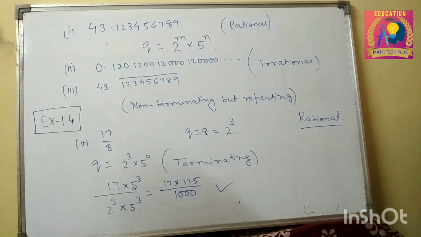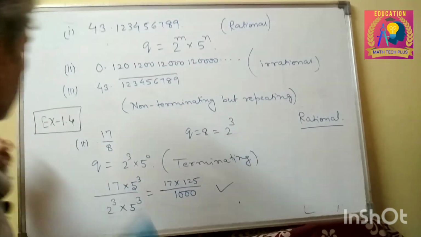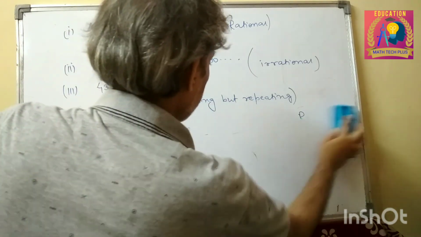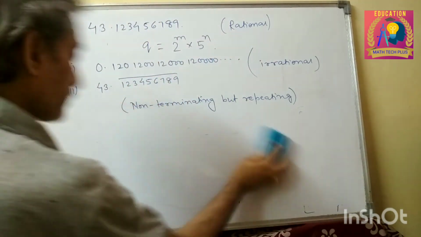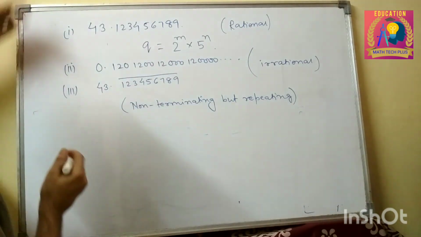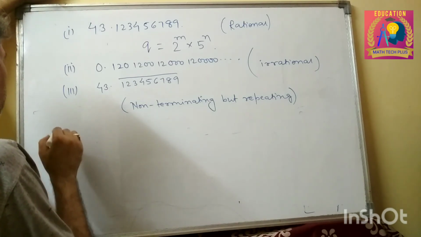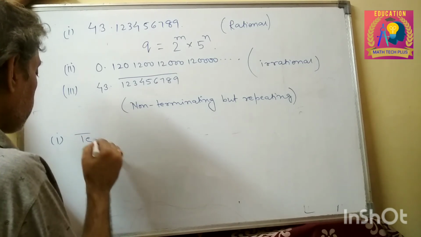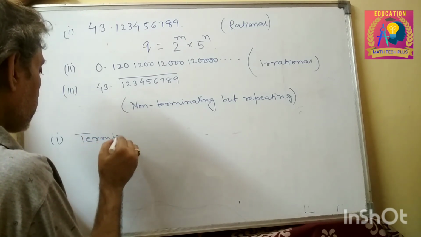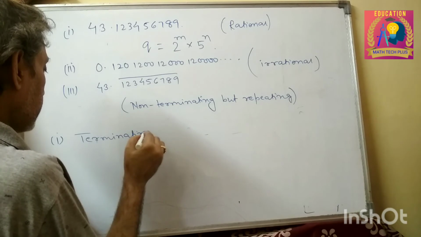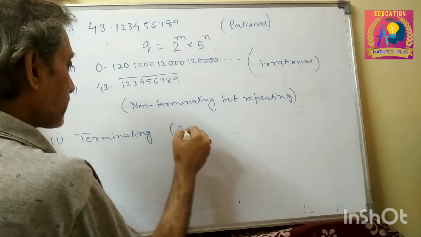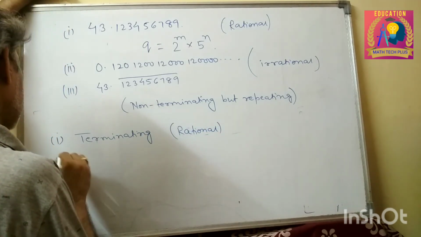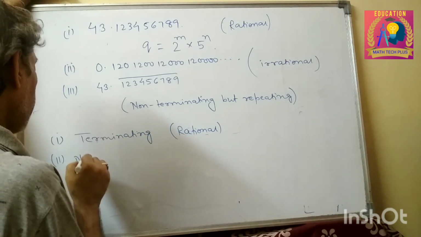So, finally, I am going to summarize this. The decimal form of any number is either terminating, then it is rational. Second point is non-terminating but repeating.